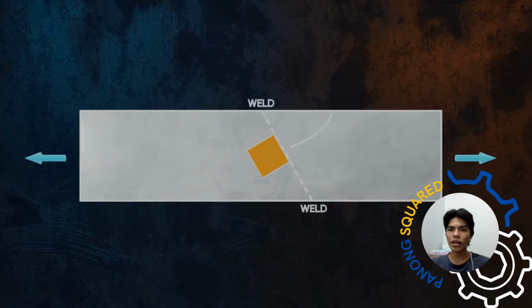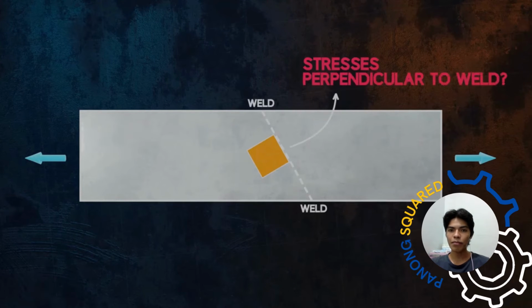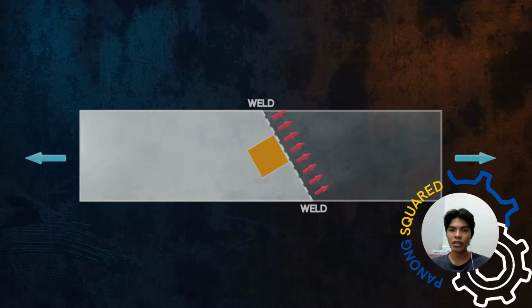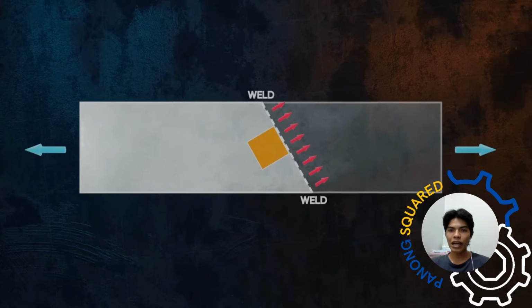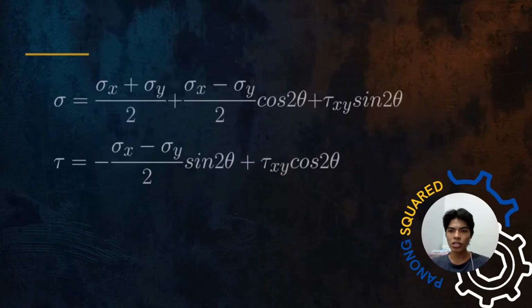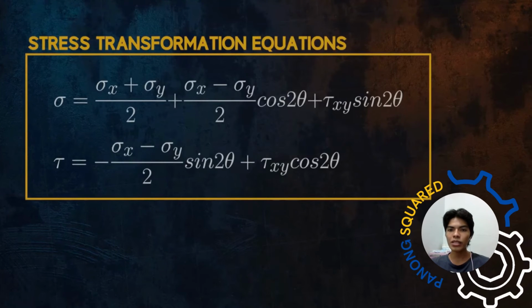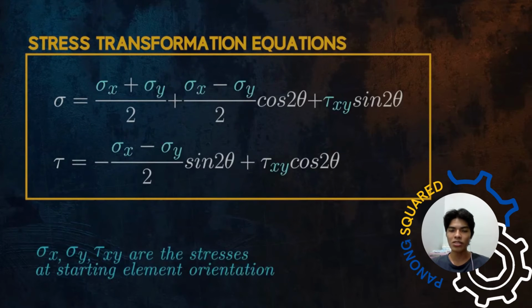If there was a weld in our structure, for example, we might want to determine the stresses perpendicular to the weld. Depending on how we choose to orient our stress element, we will get different values for the normal and shear stress components. We can calculate what the normal and shear stresses will be as we rotate our stress element by using the stress transformation equations.